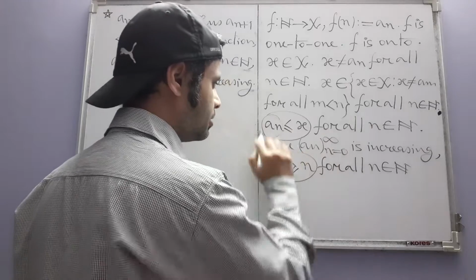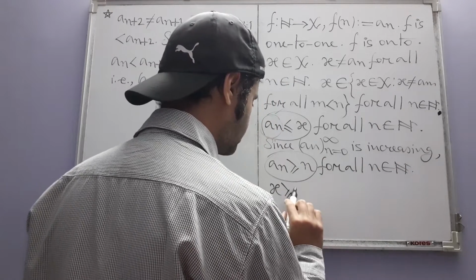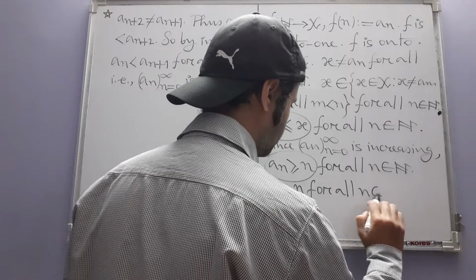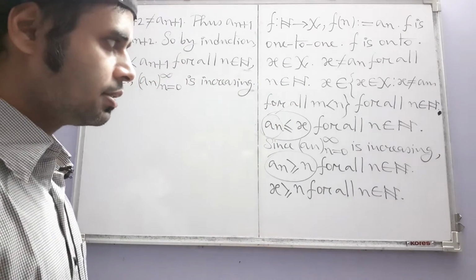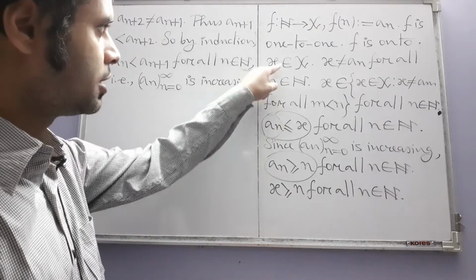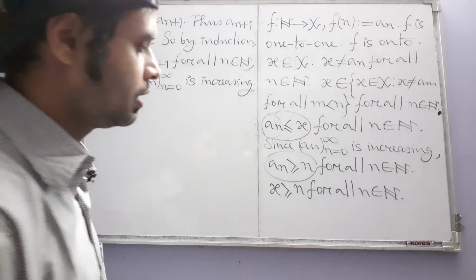Combining this and this, we then get that X is greater than or equal to n for all n. But X itself is after all a natural number, because we are choosing X from X, which is by definition an infinite subset of n.